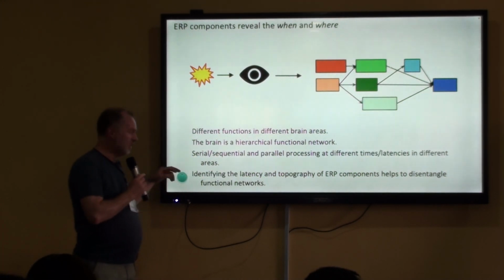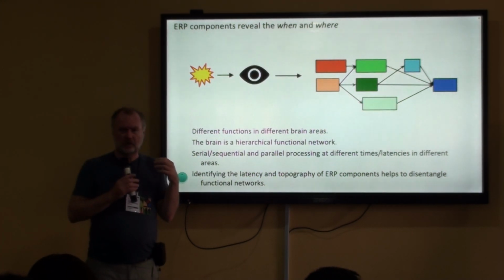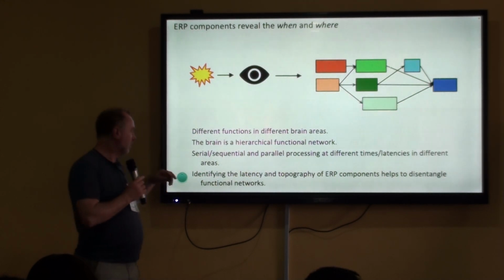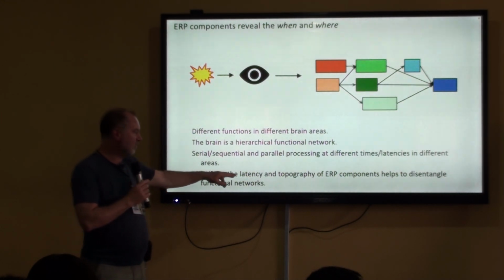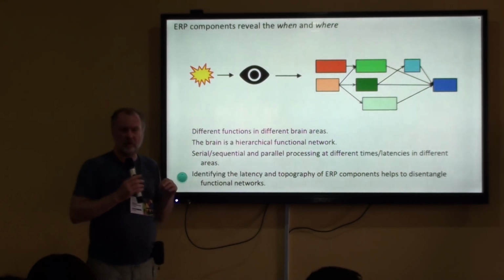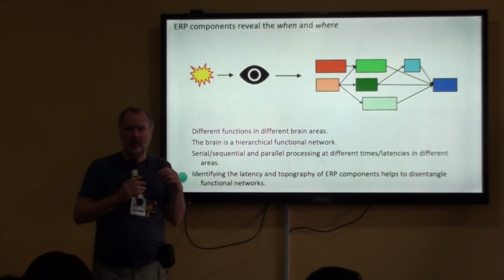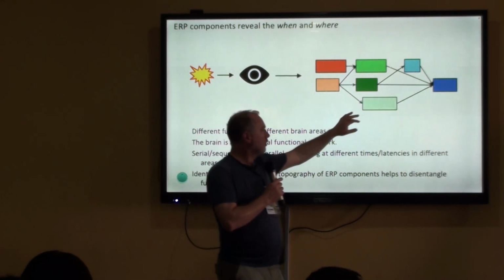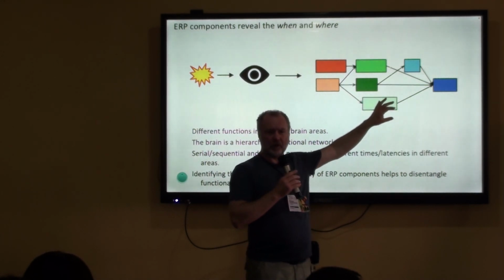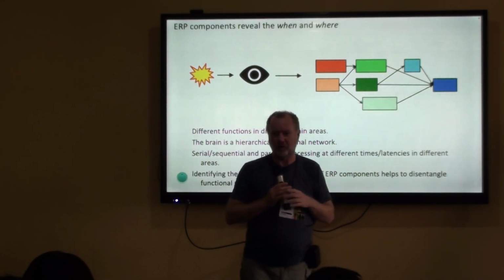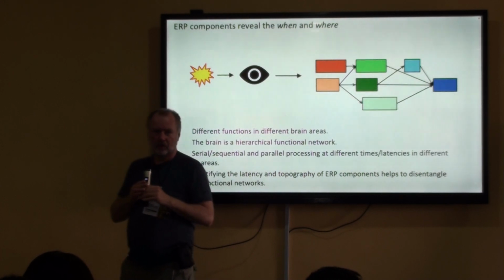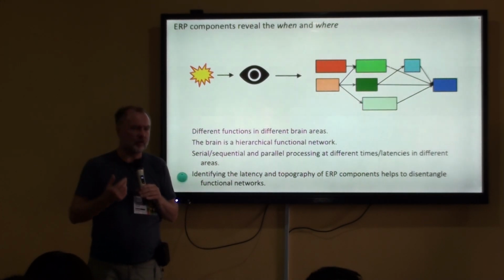By using the subtraction technique of ERP components, and by looking at the latency and topography of the components, we basically disentangle the functional network and try to zoom in on a specific area that is responsible for a specific type of processing. This is very much how a lot of EEG research is done: by using ERPs and looking at subtraction waves.